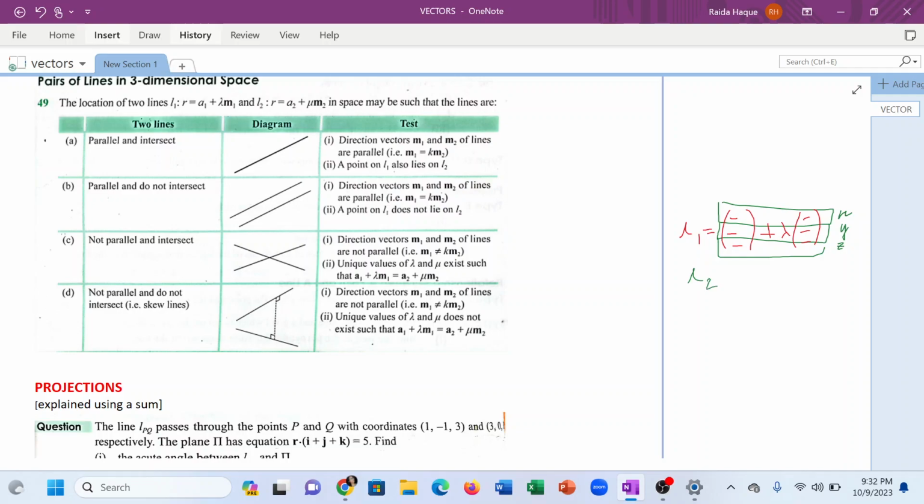Now if we equate the x of L2 with the x of L1, the y of L2 with the y of L1, and the z of L2 with the z of L1, you end up with three different equations.